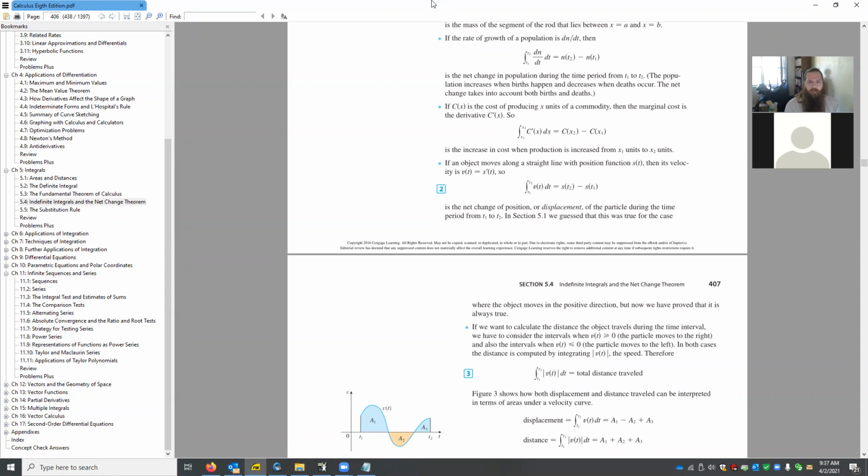But with velocity problems, with problems that have to do with kinematics, it's not at all uncommon to have the particle bounce left, right. So the velocity changes sign from positive to negative, negative to positive. And that means that the net change in position, which is what we call displacement, is not necessarily the same thing as the distance you travel.